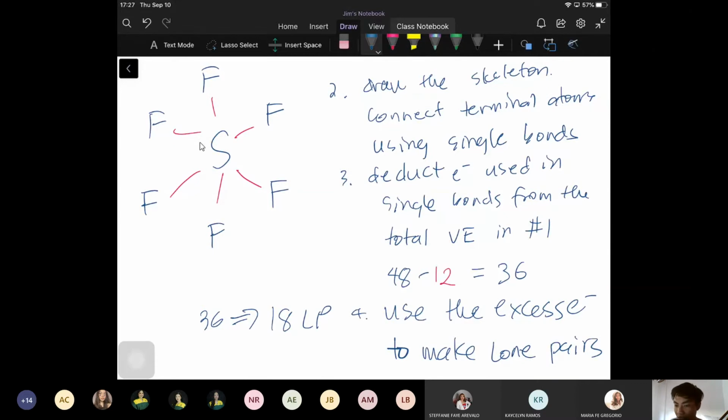Yung central, hindi na yan mag-follow ng octet. Yung terminal yung focus natin pag octet rule. Okay? So, for fluorine, how many lone pairs ang kailangan? Since it already contains 2 electrons, sakop niya yun, di ba? That means it only needs 3 lone pairs na.